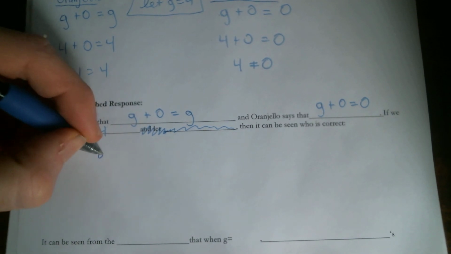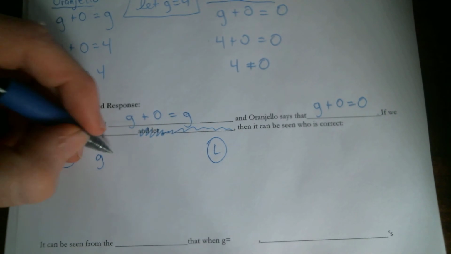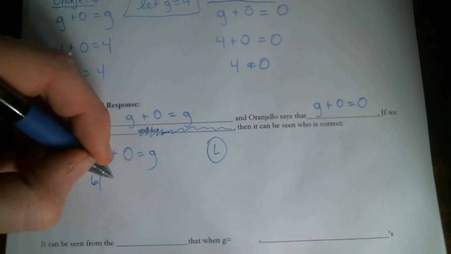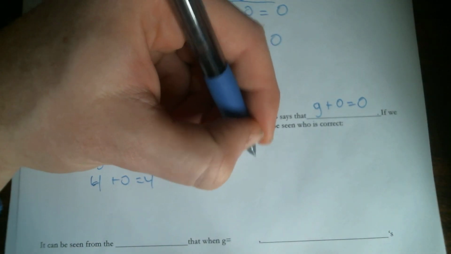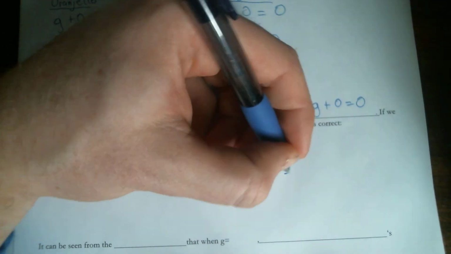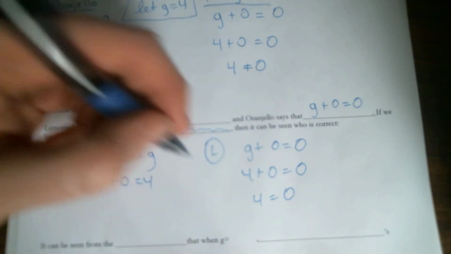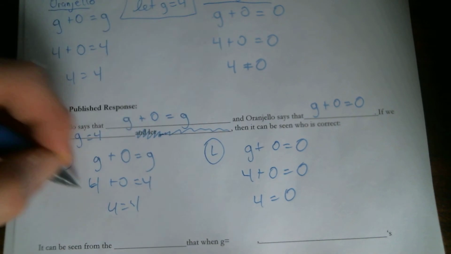I can say, here's Orangelo's answer. He had G plus 0 equal to G, which is the same thing as 4 plus 0 equals 4. Over here, I can see Lamangelo said something wrong. He said if I take 4 plus 0, it's going to equal 0. No, sir, it's equal to 4. So not correct. Correct. It can be seen from the, is this a model? Not exactly.